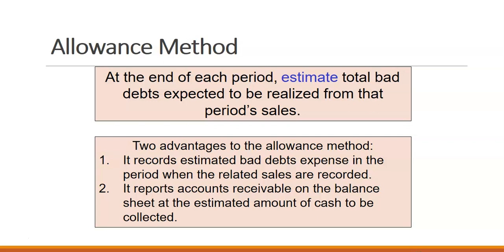One, it records estimated bad debts expense in the same period as the sales are recorded, so it meets the matching principle for sales and revenue recognition. Two, it reports accounts receivable on the balance sheet at the estimated amount of cash to be collected from customers.